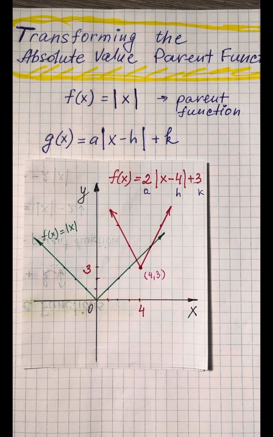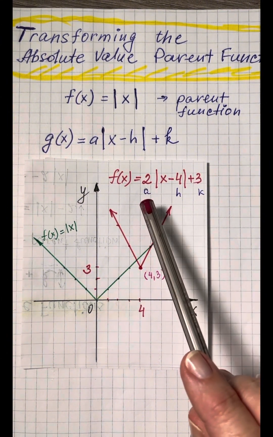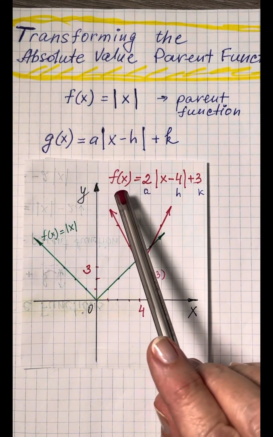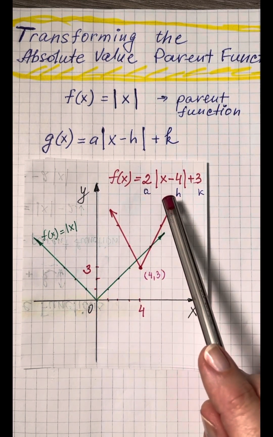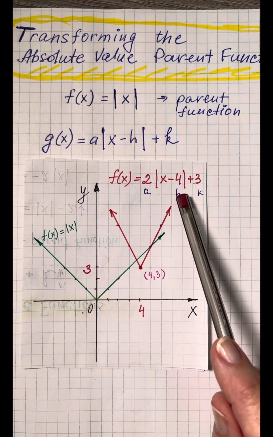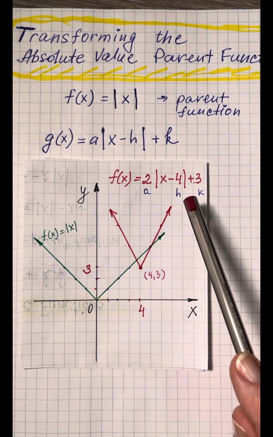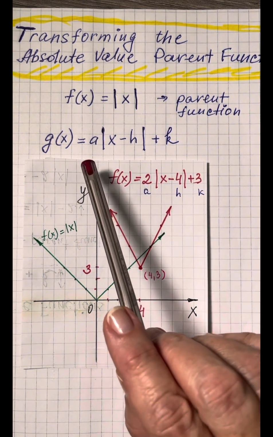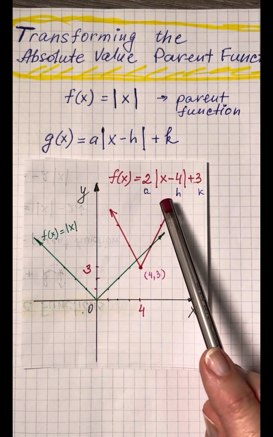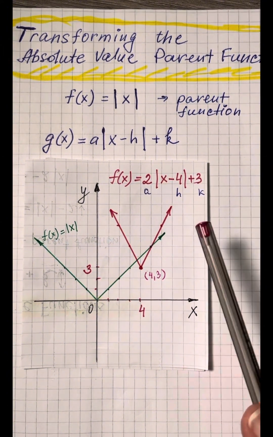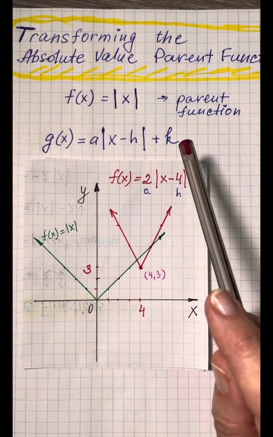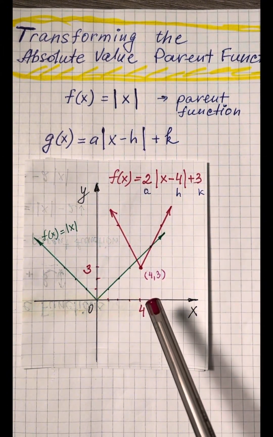In this example, we can see all transformations of the absolute value function. So let's take a look. F of x equals 2 absolute value of x minus 4 plus 3. We notice that a is 2, h equals 4, and k equals 3.